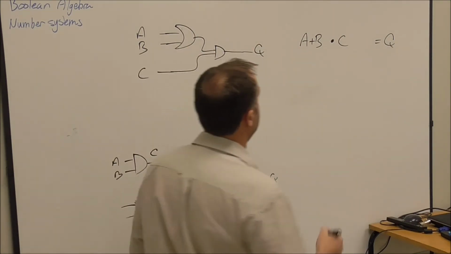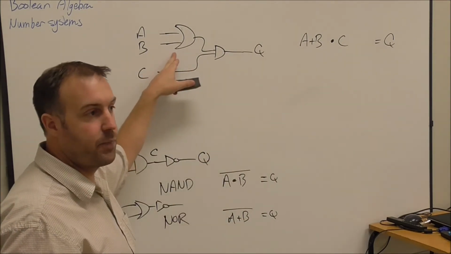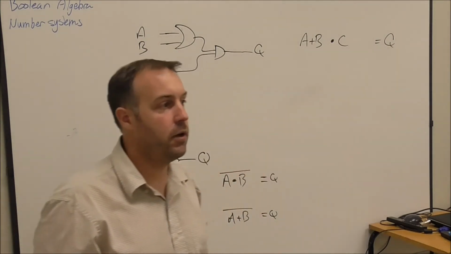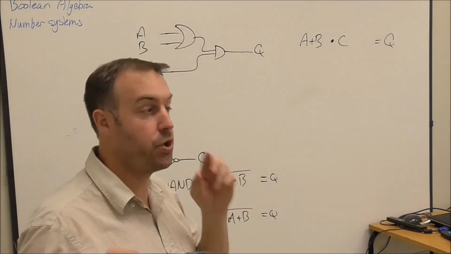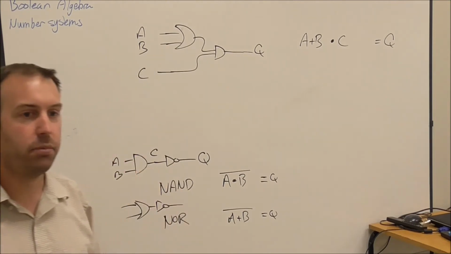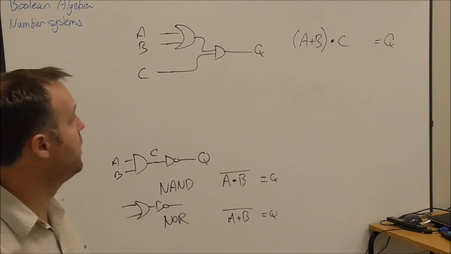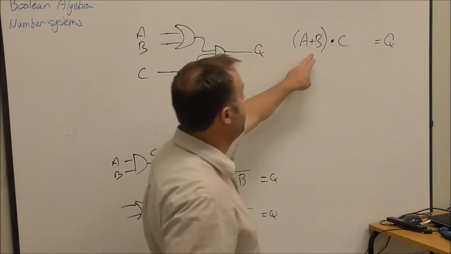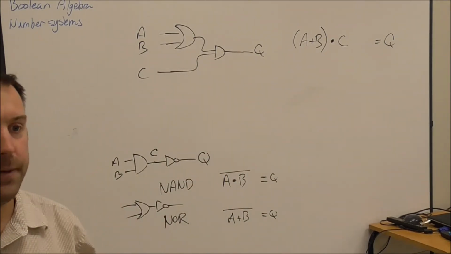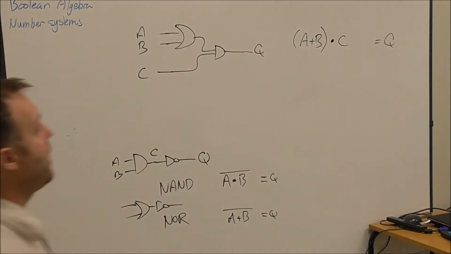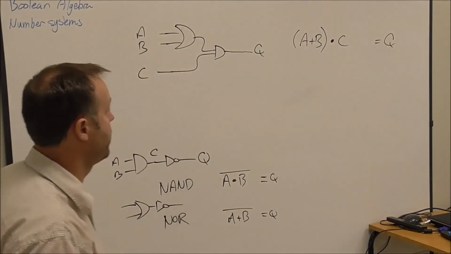So I need to indicate that I'm doing the OR part first, and then the AND after that. Now, in maths, if you want to add something together and then multiply it, you want to make sure it's being added first. What do you put around it? Brackets. So I'm going to put brackets around my OR statement to show that this part is being ORed before the output of that is ANDed with C. And so that allows me to say definitely that this is the Boolean statement for this circuit.